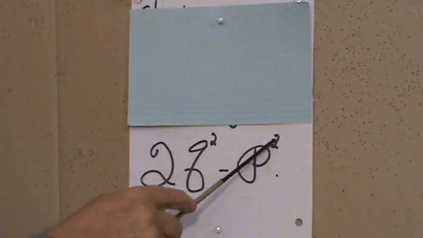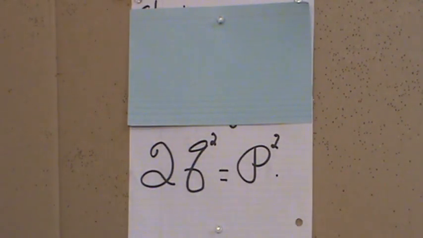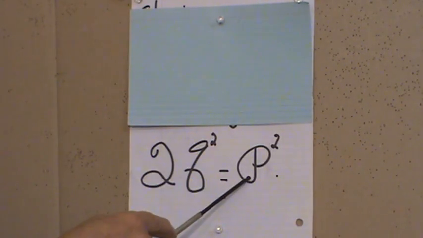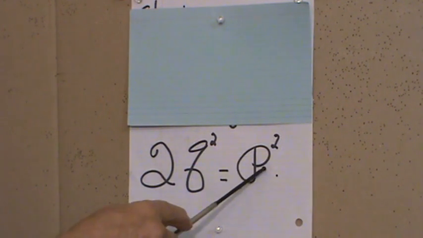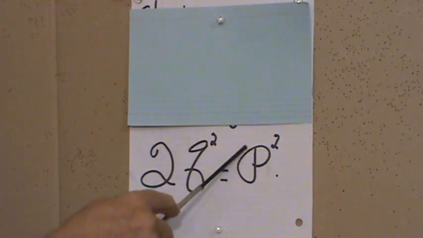So p squared cannot be 6, because the prime factorization of 6 is 2 times 3, and if one of the p is 2, the other one must also be 2, not 3. So numbers like 6, 8, 10, 12, 14 cannot be p squared.